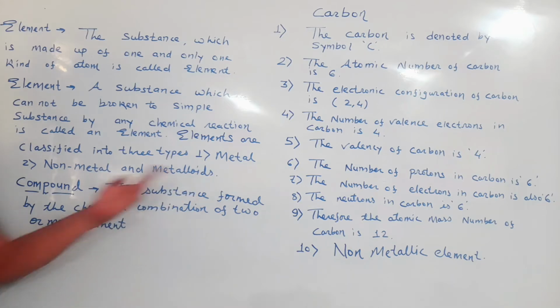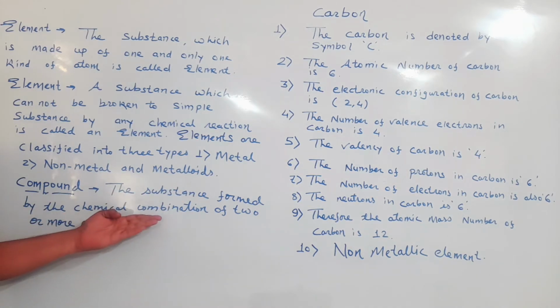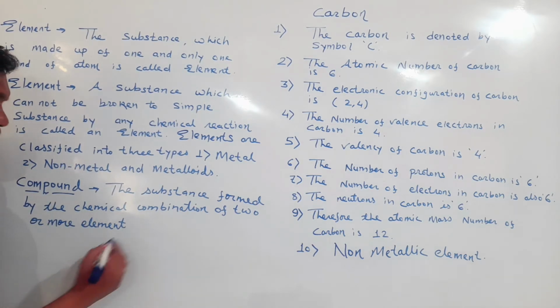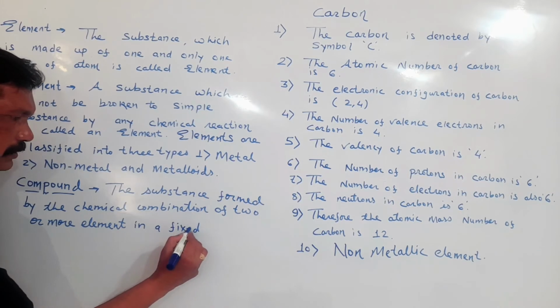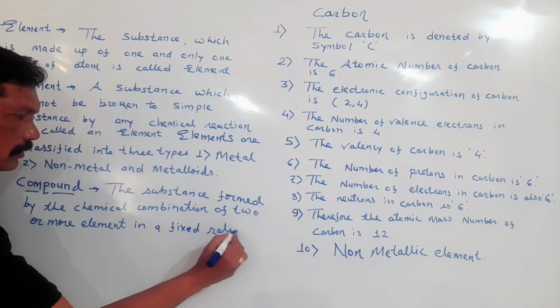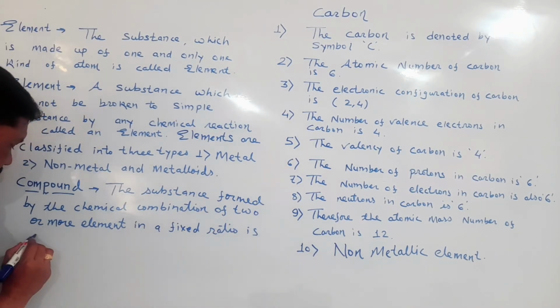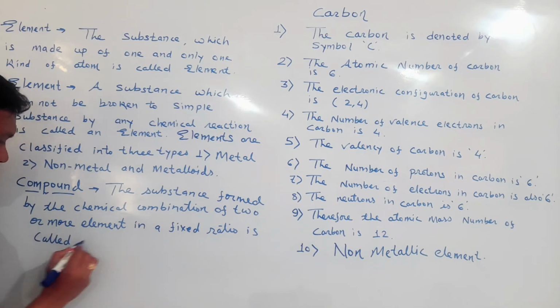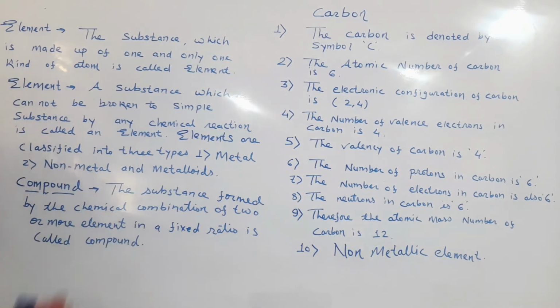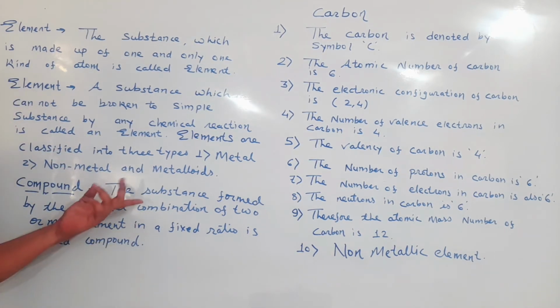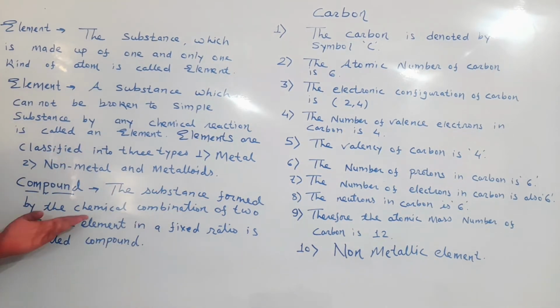The substance formed by the chemical combination of two or more elements in a fixed ratio is called compound. What is the definition? The substance formed by the chemical combination of two or more elements in a fixed ratio is called compound.